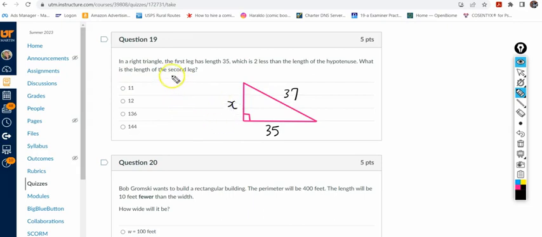So I'm going to want to find x here. So from the Pythagorean theorem, we'll have x squared plus 35 squared is equal to 37 squared. And so x squared is going to be equal to 37 squared minus 35 squared. And so we'll do that now.